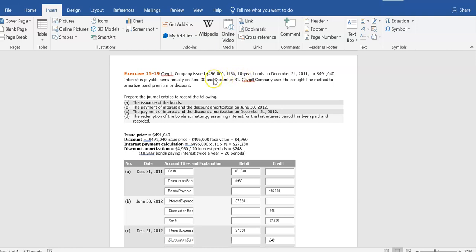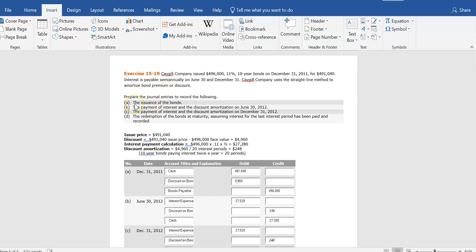In 10 years, those bonds will pay back the $496,000. They are issued on December 31st of 2011, and the issue price is given to us as $491,040. Interest is payable June 30th and December 31st. The company uses a straight line method to amortize the bond premium or discount.